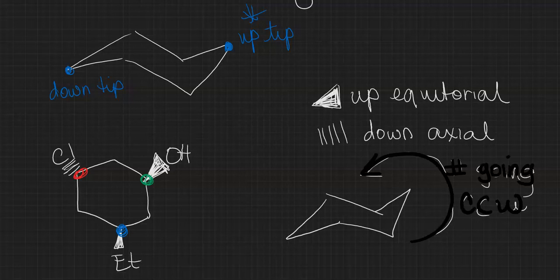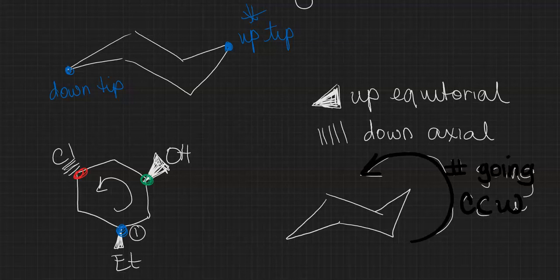So I want to make sure I number my cyclohexane in the chair conformation going counterclockwise. So I'm just going to start at the bottom and go counterclockwise in my numbering.